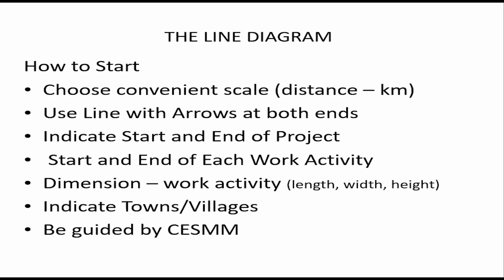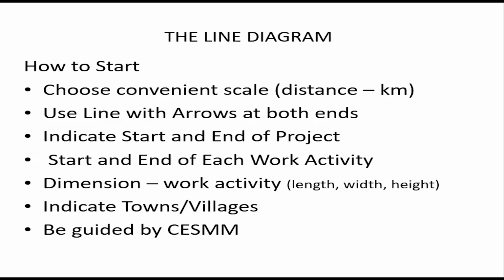Now, how to start the line diagram. Here it is assumed that you've gone to the field to do your project level inventory and you have it in your notebook. So you are now coming to represent it. To start the line diagram, you choose a convenient scale.